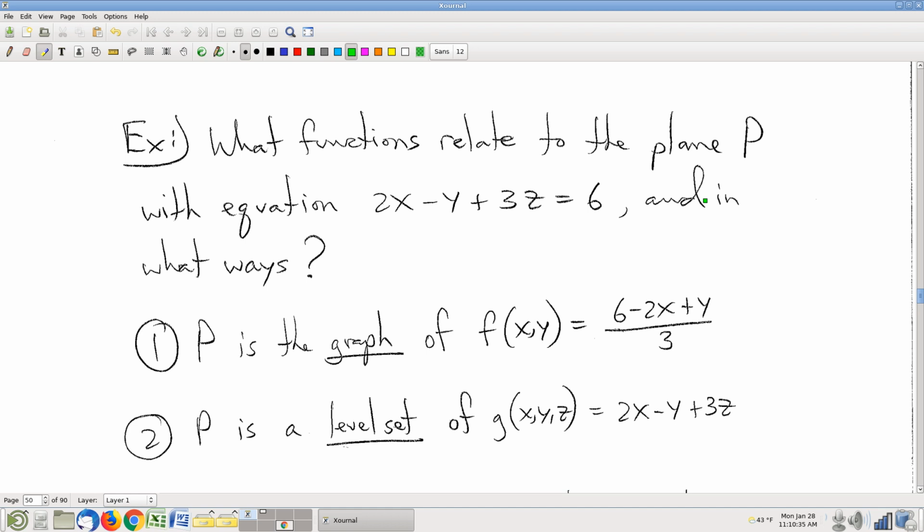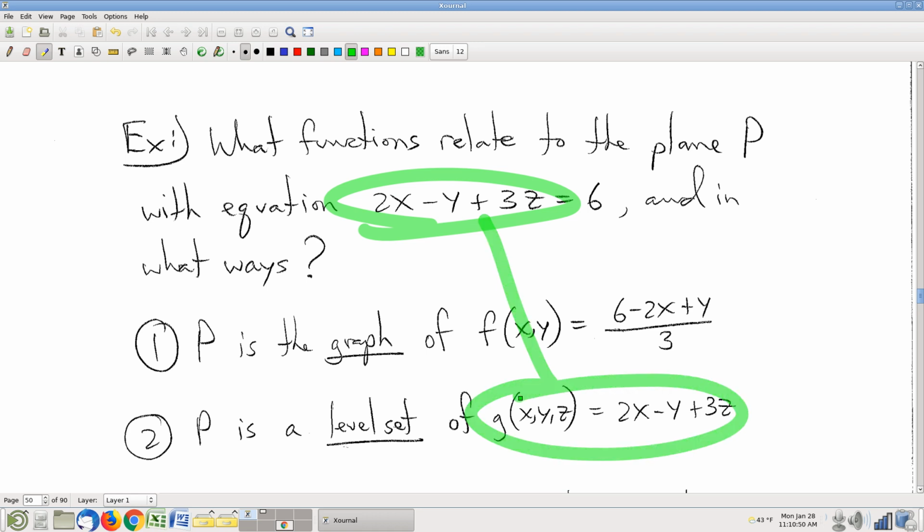Now, the big mistake that a lot of students make is to say, oh yeah, it's the graph of that function. That's just wrong. It is absolutely not the graph of this function. This function here, 2x minus y plus 3z, has 3 input variables. The graph of a function of 3 input variables, when you add in the 1 output variable, has 4 variables.